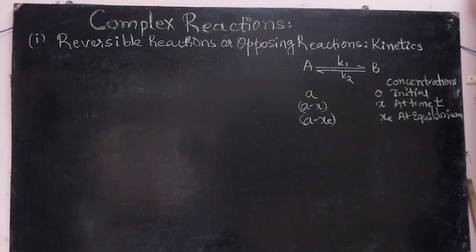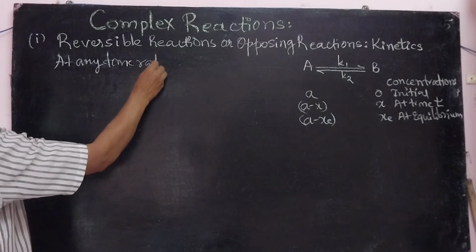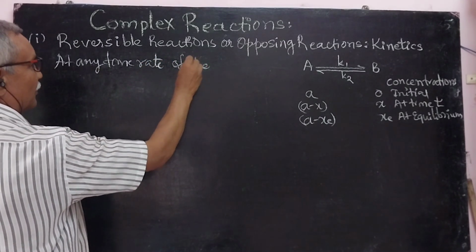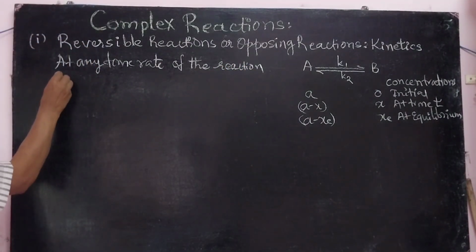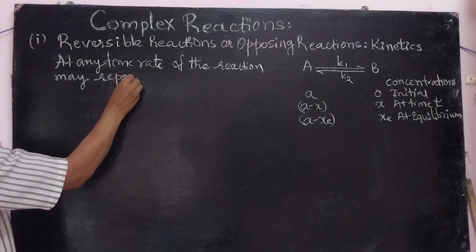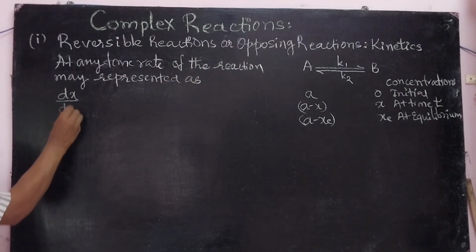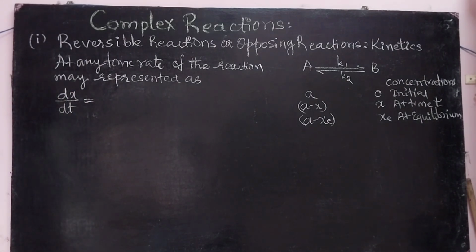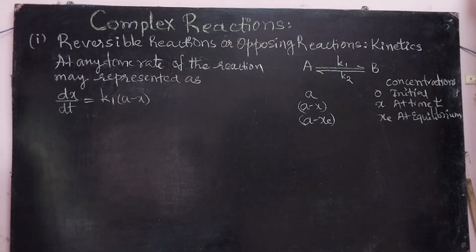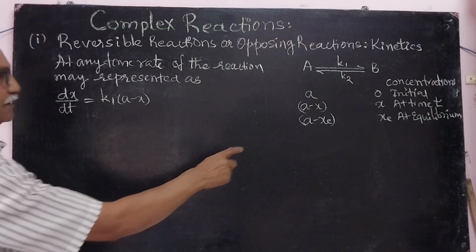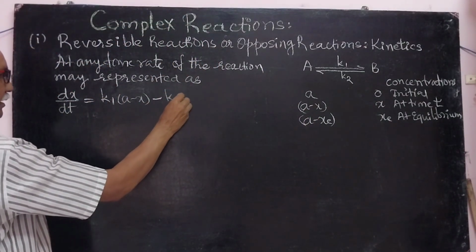This is the situation. Now, at any time t, the rate of the reaction may be represented as dx by dt, which is equal to the rate of forward reaction, K1 into (A minus x), then whatever the x is formed gives back the reactants, so it should be minus K2 into x.